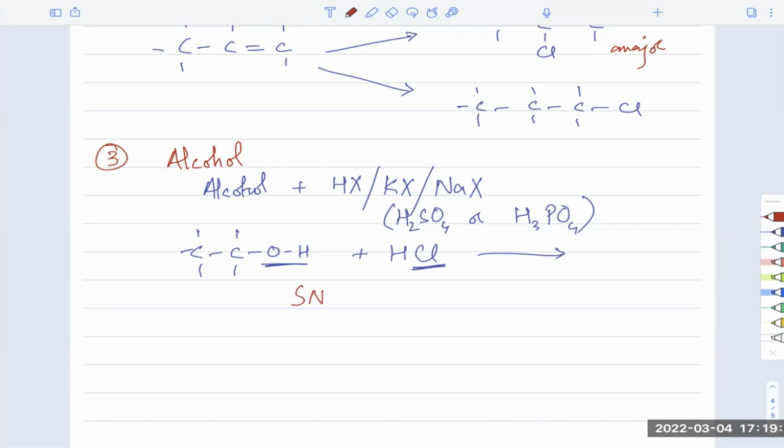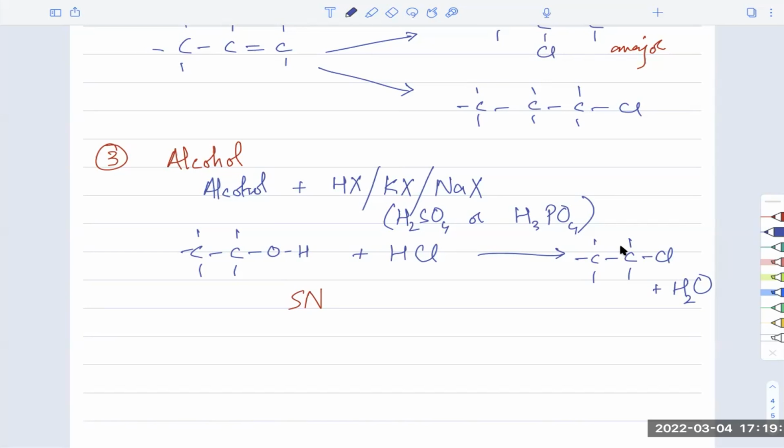The reason is that OH goes away as a negative, and Cl comes in as a negative, as a nucleophile. So OH goes out and Cl comes in in a nucleophilic substitution reaction. I'm left with this chlorine here, and obviously my byproduct is water. So it's a pretty straightforward reaction.